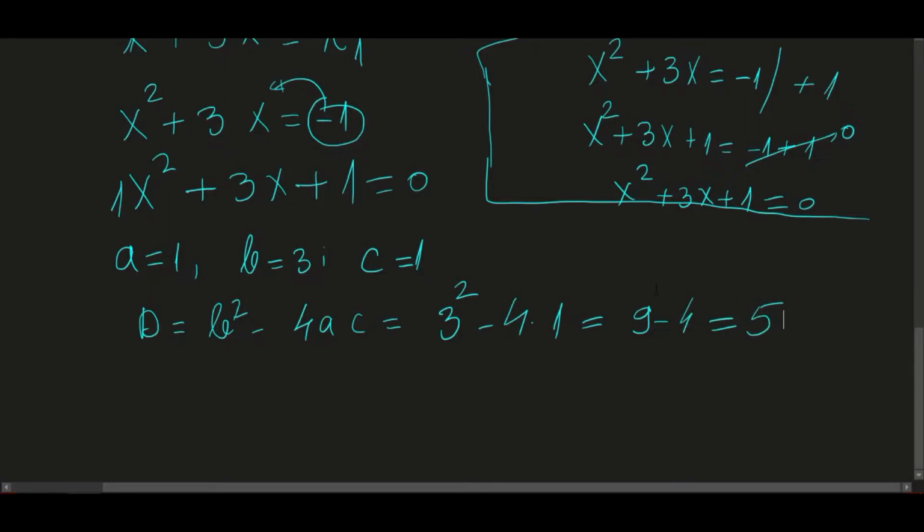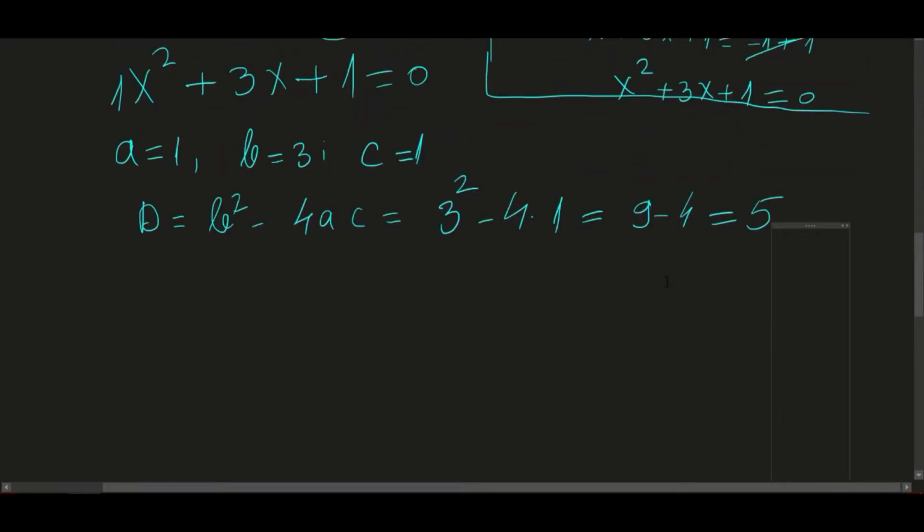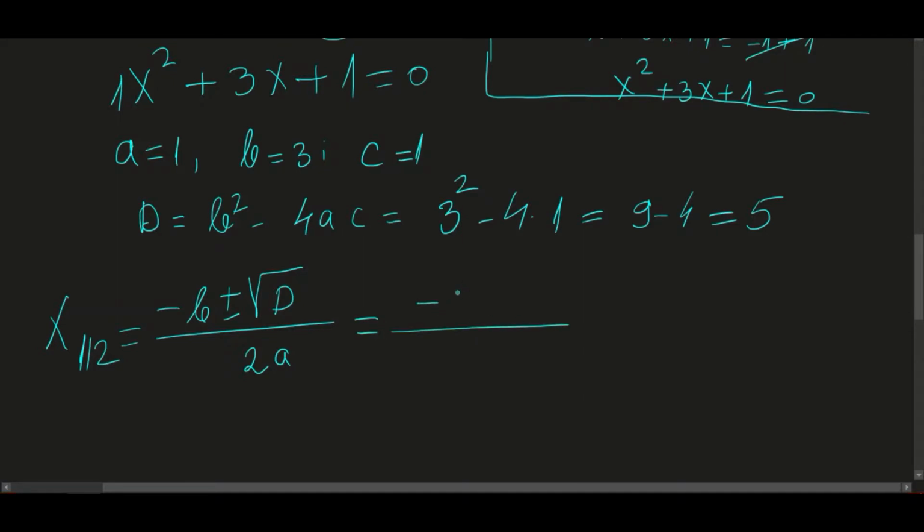Now, just to make more space, we have x = (−b ± √d) / 2a, and here b is 3, plus or minus √d which is 5, and 2a is 2.